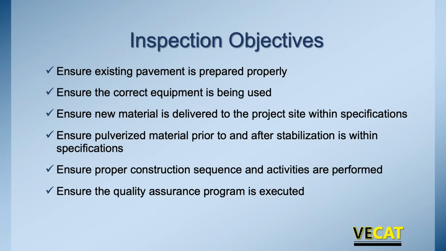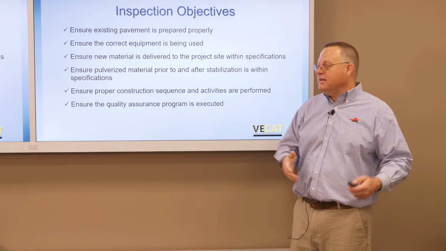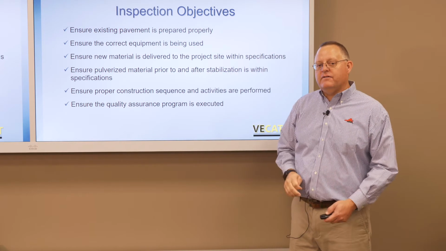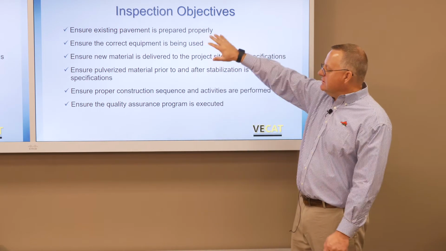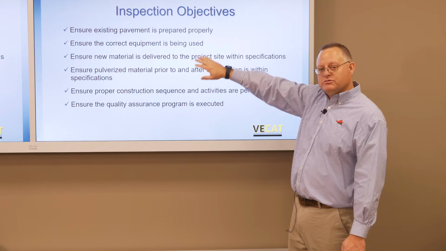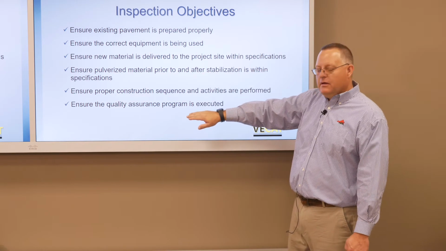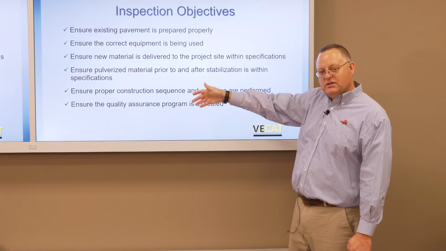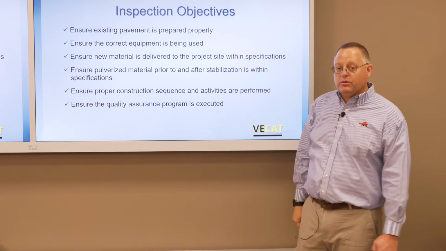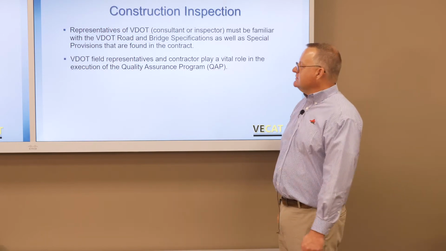What are those? We'll go over those. Construction sequence and the QA program. So those are the things that, as an inspector, you need to be checking off through this entire process. True, this is the contractor's responsibility to follow, but as the inspector and the owner's rep, you're making sure they're all going through the process.